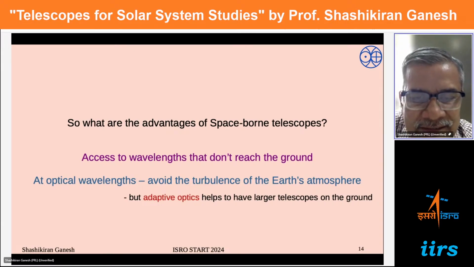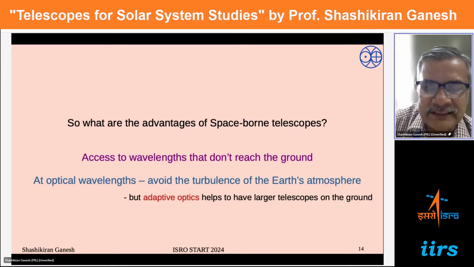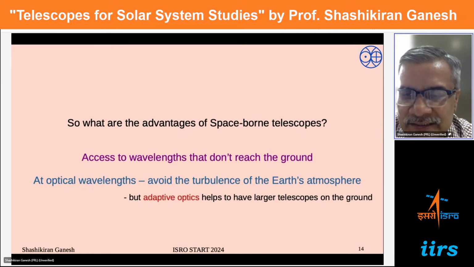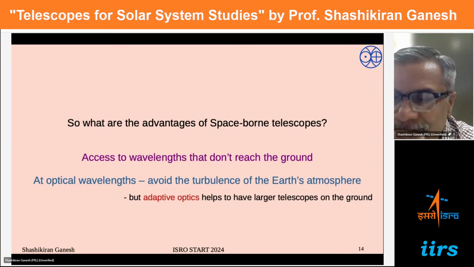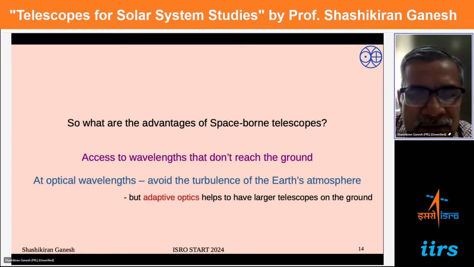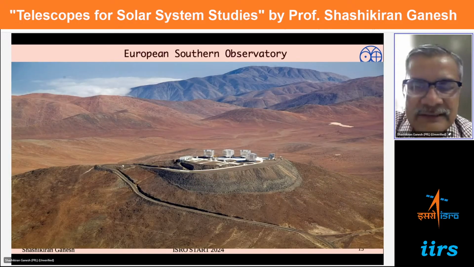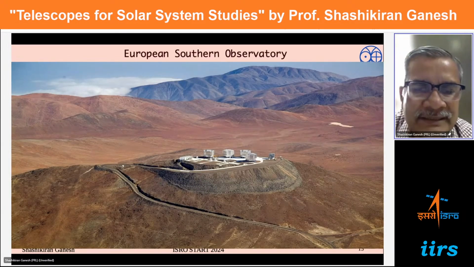So this is one of the techniques, adaptive optics and active optics, which allows you to compensate for the Earth's atmospheric turbulence, what we call seeing in technical terms, and twinkling in the layperson's language.